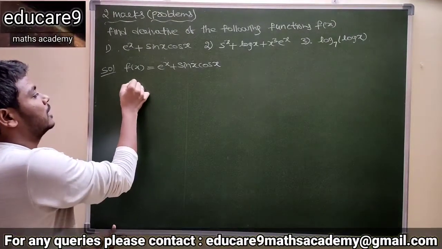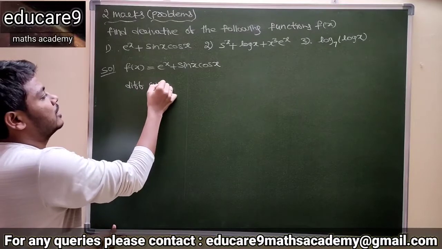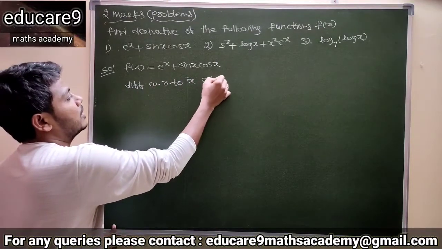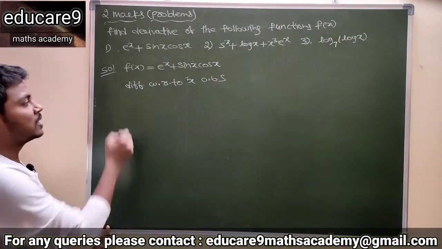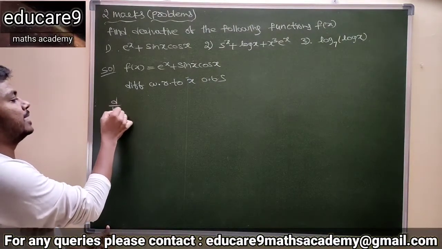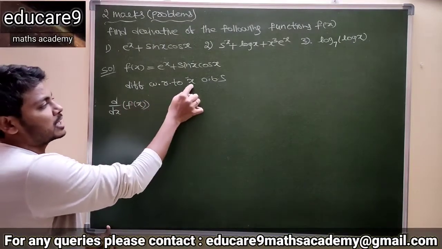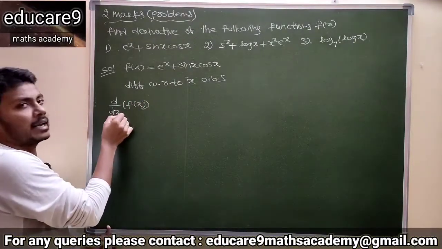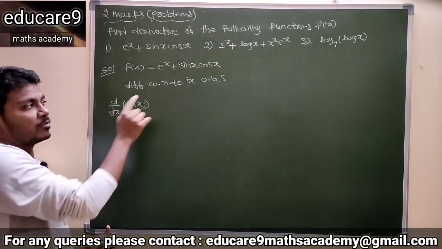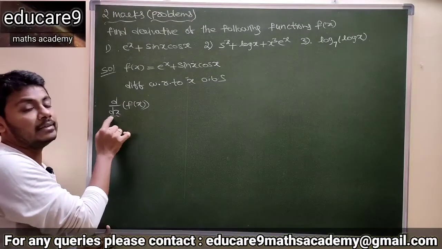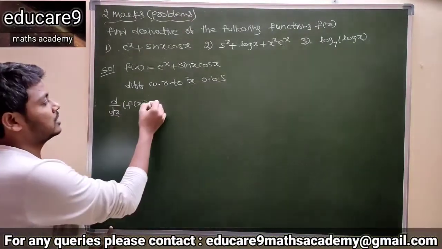So for that, differentiate with respect to x on both sides. That is d by dx of f of x. Here we differentiate with respect to x, so that's why we write d by dx. For example, if we differentiate with respect to y, you should write d by dy. Okay, like that you can write.